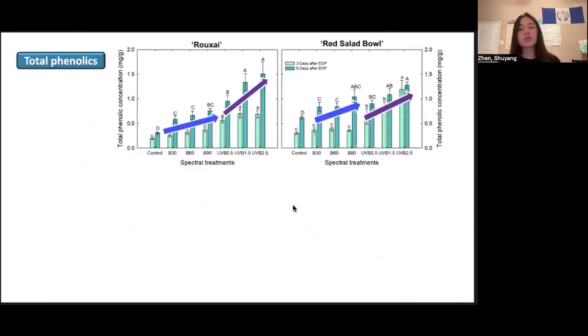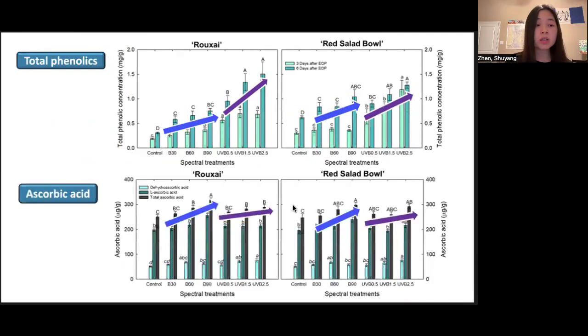In addition to anthocyanin, we also looked at total phenolics and vitamin C accumulation.